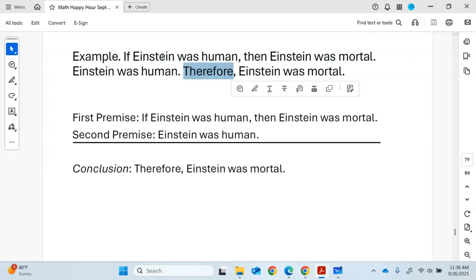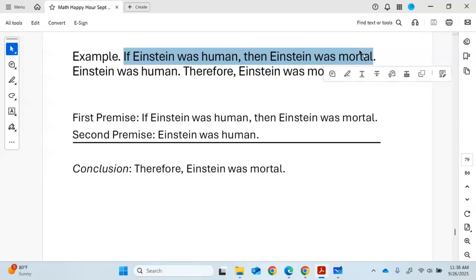And as we break it down, we could use the grammatical cues as clues to identify how many premises and how many statements we have. So notice that the whole first sentence is actually a statement. It's one premise, and it's in a conditional form because we have the if and then. So our first premise is: if Einstein was human, then Einstein was mortal.